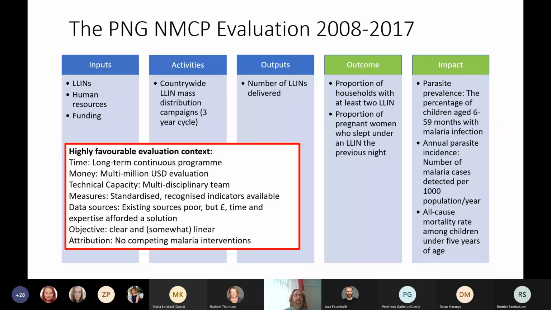So these are all things that you need to consider at the outset of your study when you're thinking about your outcome and impact measurement approaches. Logic models work really well in some contexts, but not so well in others, depending on these factors.